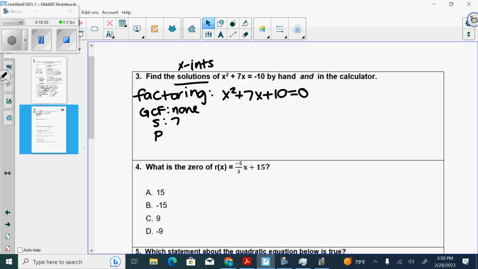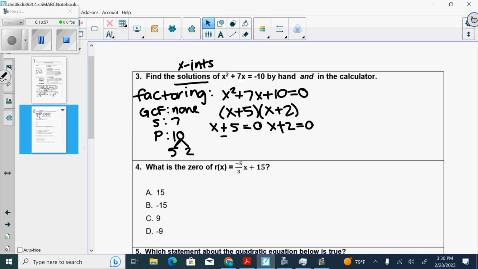Good. All right, guys, so what multiplies to give us 10 and adds to give us 7? 5 and 2. All right, so I'm going to have x plus 5 and x plus 2. Right. When we take them out and set them equal to 0 and solve, it's going to flip those two numbers. Very good. So we end up with x equals negative 5 and x equals negative 2. Good. All right, so we've solved by hand.